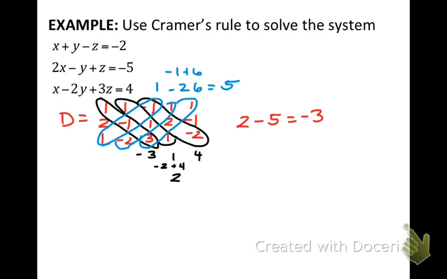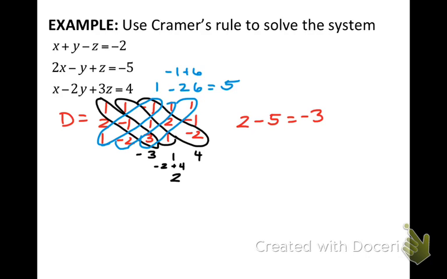Negative 3, I got negative 3 too. So 2 minus 5 gets you negative 3.